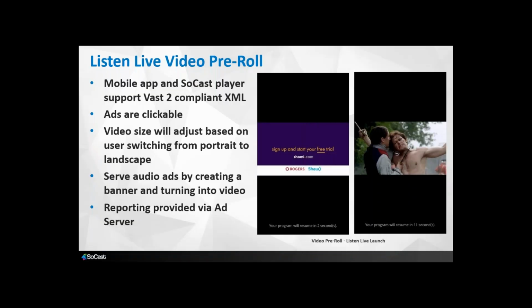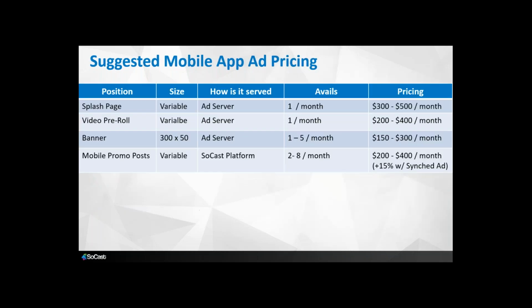Of course, there's video pre-roll on a good mobile app. So again, we recommend short, punchy videos prior to activation of the stream. These are also served through an ad server, and are great high value units as well, as most people are coming to your mobile app to view the stream or to listen to the stream.